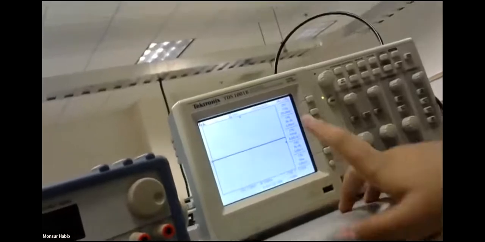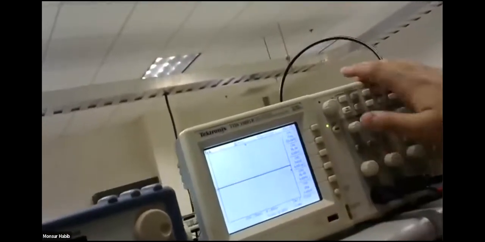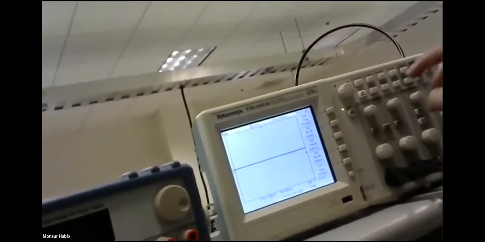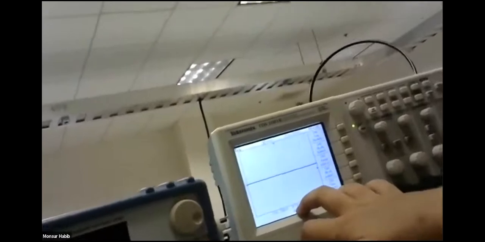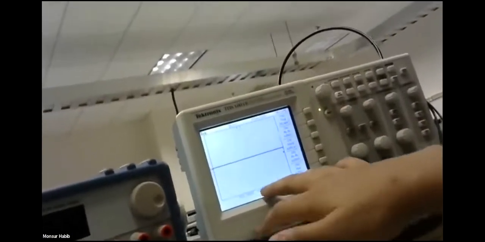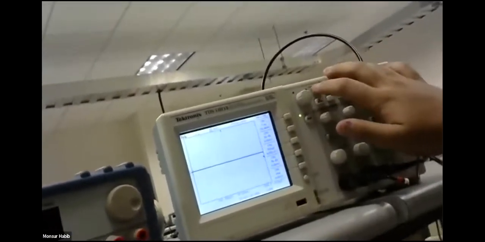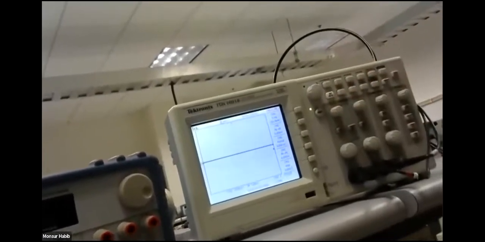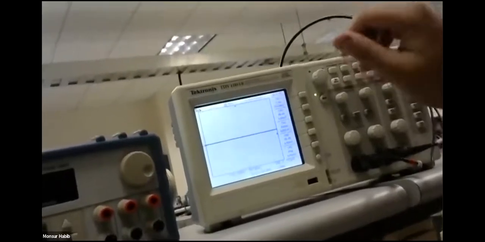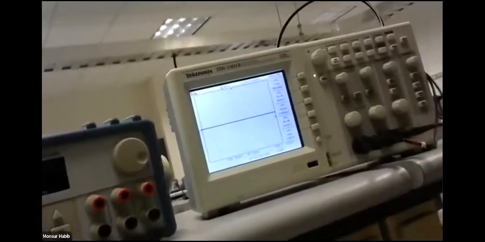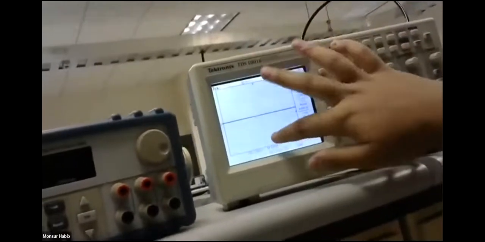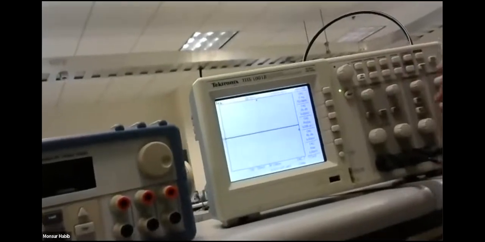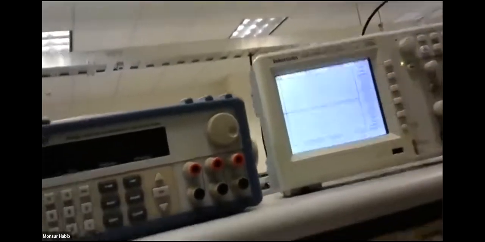This one does not have an input signal right now. So if I were to give it an input, what I would initially have to do is use this auto range button right here so that I can immediately get the signal being shown here, and I can show you guys how it works.